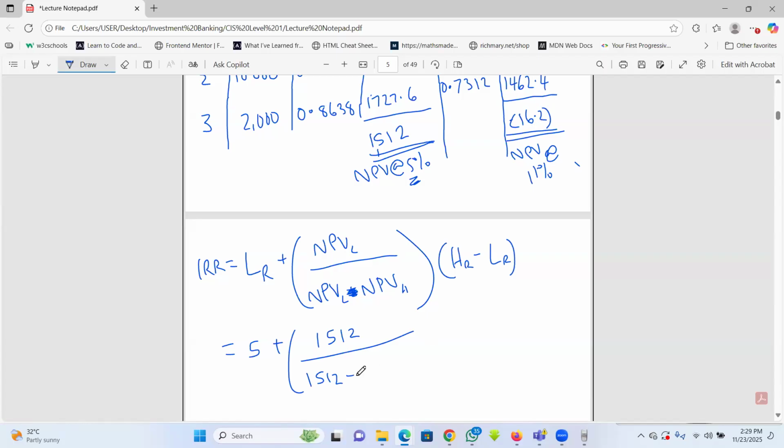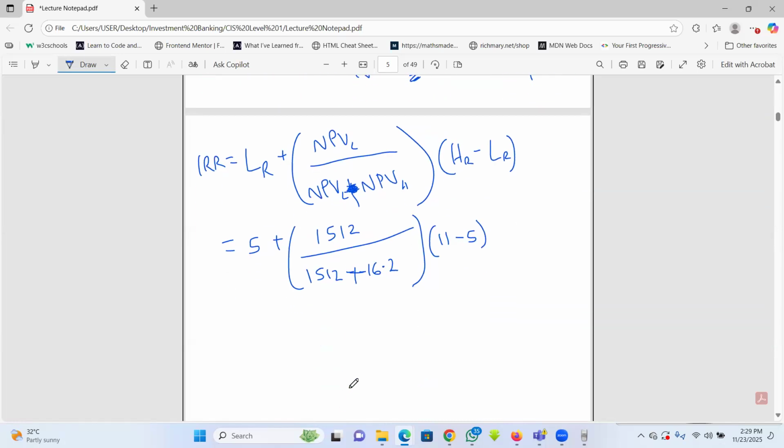Minus 16.2. Another minus. Close your bracket. Then the higher rate was 11. The lower rate was 5. Now, what is minus times minus in mathematics? Plus. That's why I would have just gone with plus and avoid all this unnecessary work when you can.